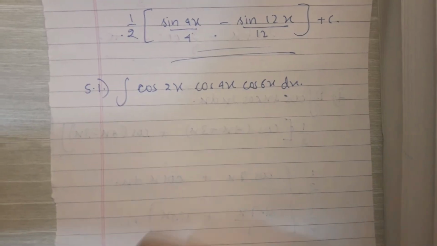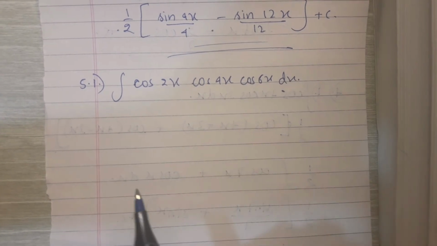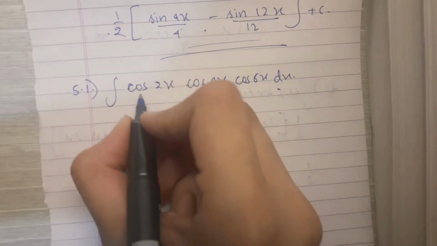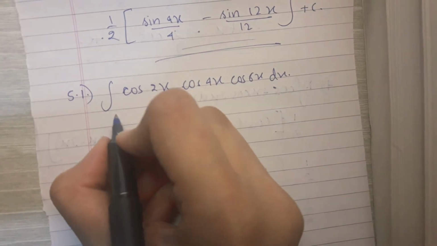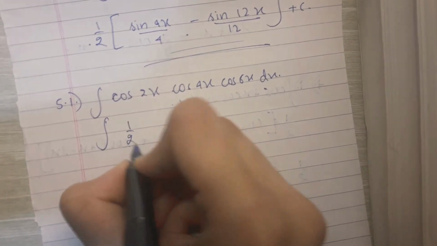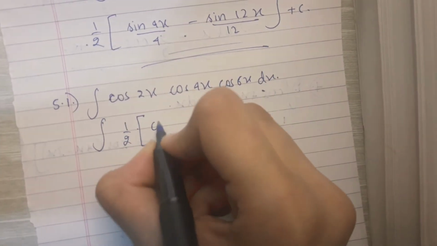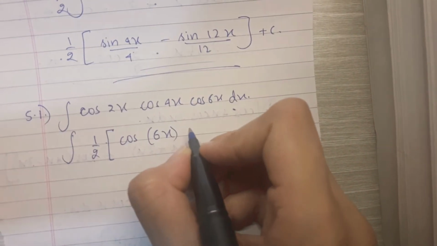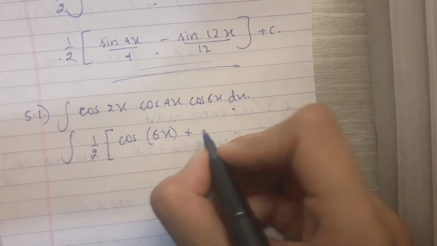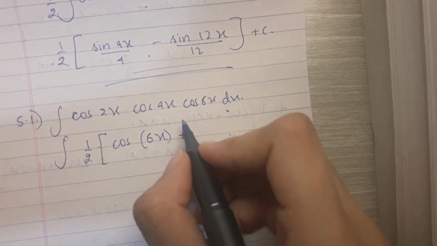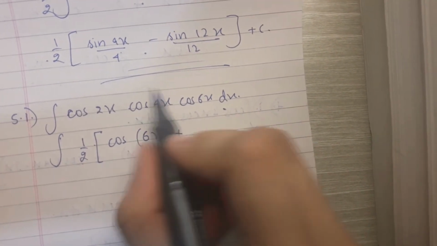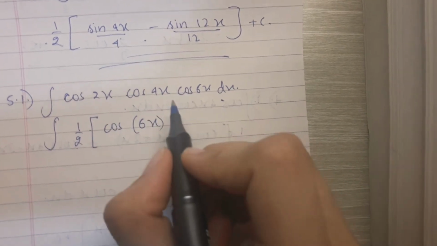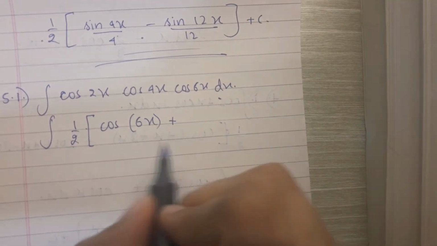So we know that cos x cos y, we can write it in terms of half cos x plus y plus cos x minus y. So what we're going to do is these first two angles, we'll write it like that. Half cos x plus y would be 6x, and then we have to do plus cos x minus y, so that will be 2 minus 4, which is minus 2, but because it's cos, it will turn into a positive 2.